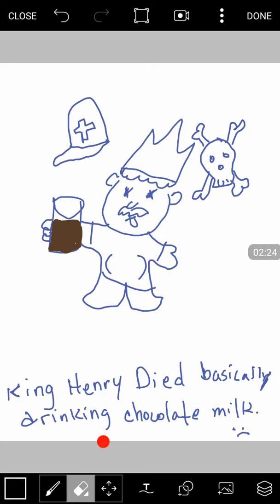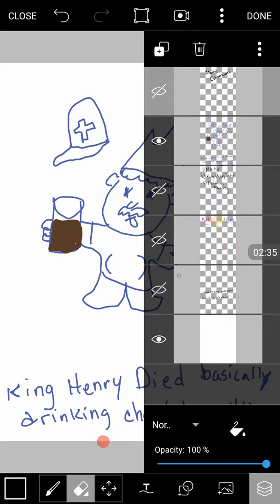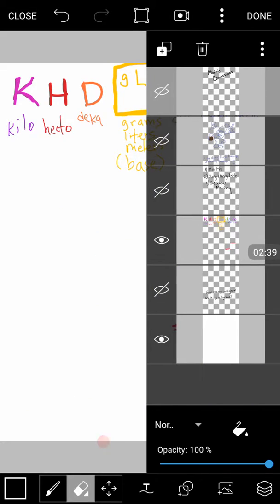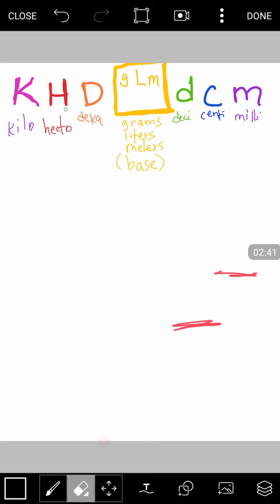Now that sentence will help you remember your prefixes, or at least the King Henry table as I call it. The first letter in each word represents what goes in the table. Here is the table: King Henry died basically drinking chocolate milk. So that's your kilo, hecto, deca, your base unit, which will be grams, liters, or meters most of the time.